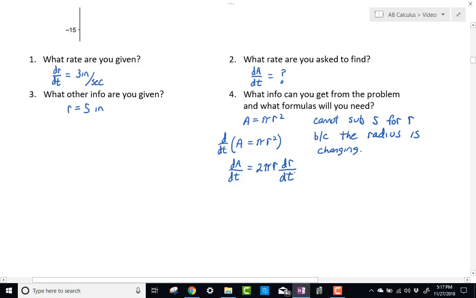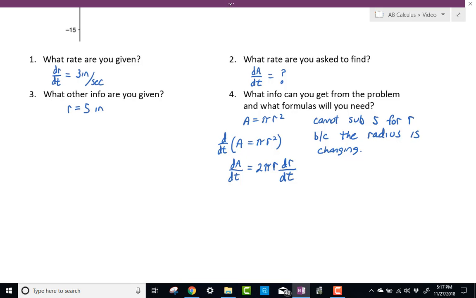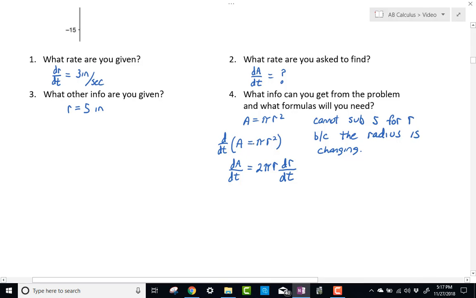So you can see that now I can plug in 5 for r. Let me make some notes over here. So now that I have my formula for the rate of change of area, I can plug in my value for r equals 5, and I was given dr dt, and dr dt was equal to 3.